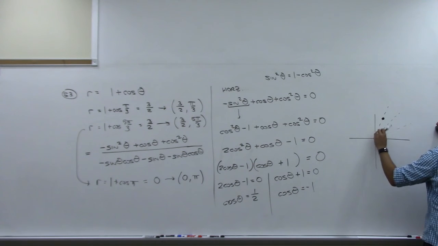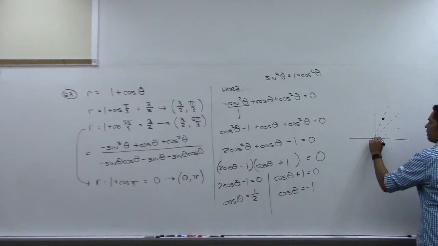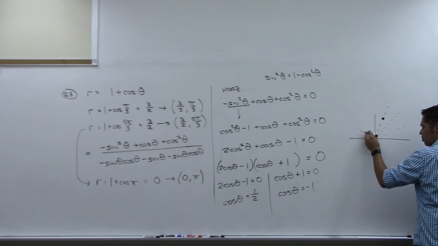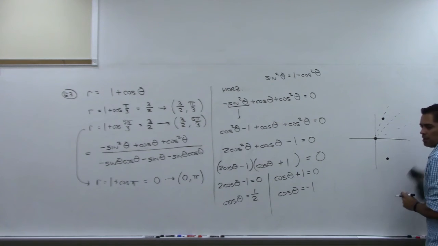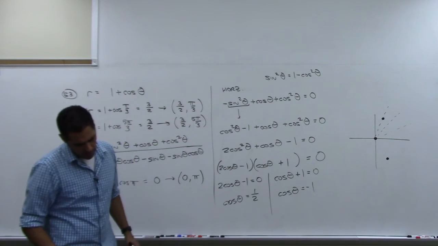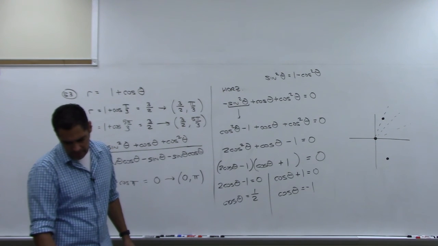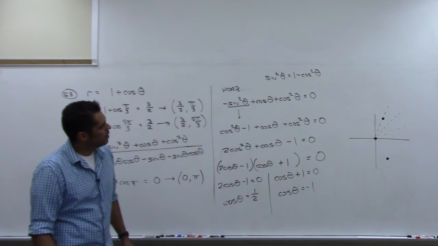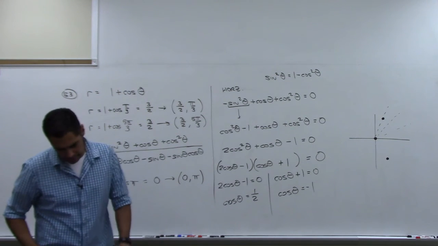So rotate by pi over 3, walk out 1.5, that's where I'd be. And then rotate 5 pi over 3, which would be down here, walk out 1.5, I should have horizontal tangent lines there. It would help if I graphed it so I could actually see it, but I don't have the graph right now.